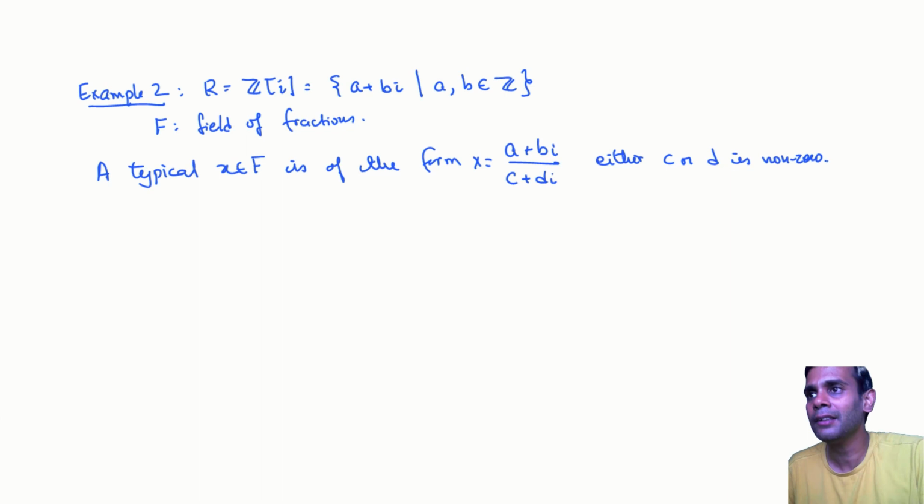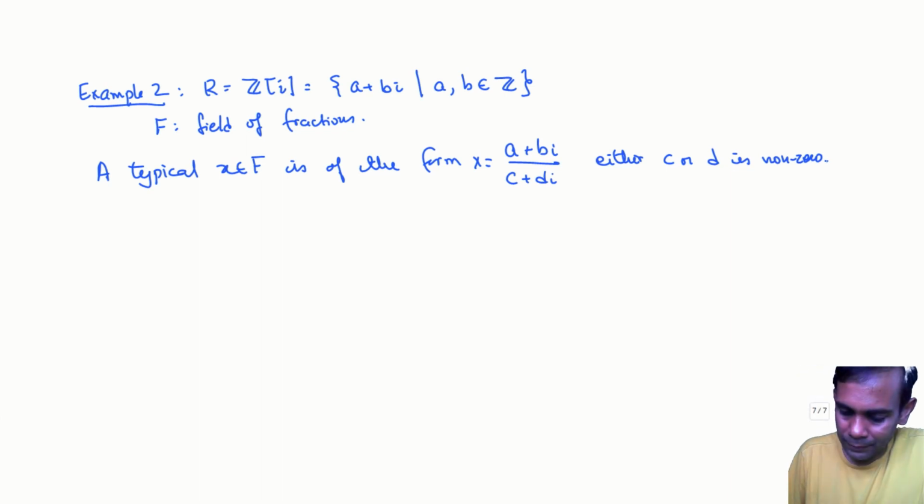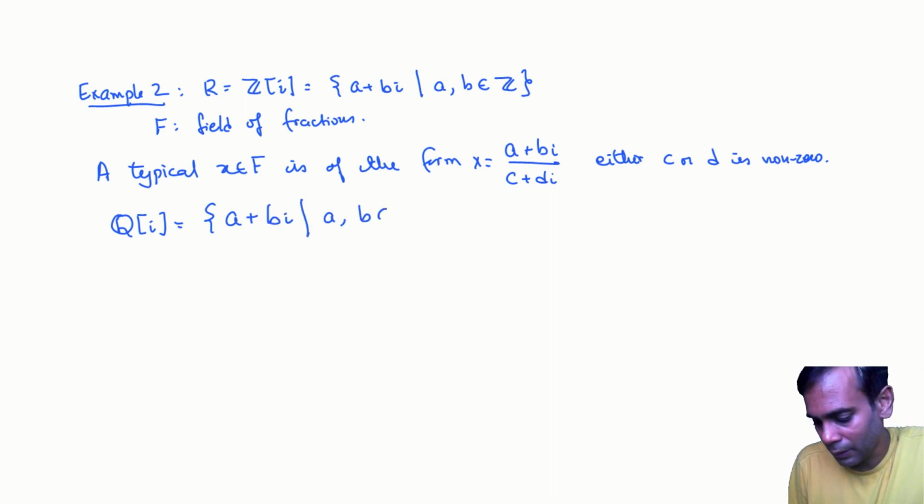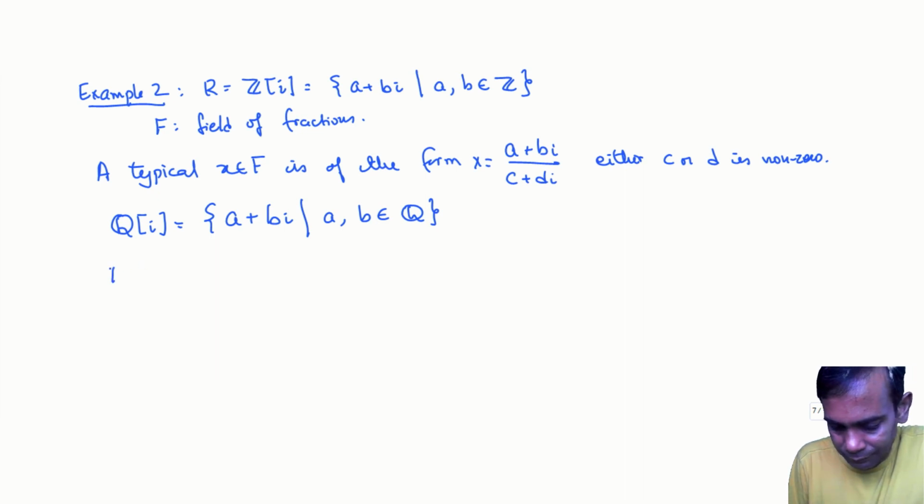Okay, but there's another way of describing this field of fractions. I'll define Q[i], very analogous to Z[i]. It's the set of complex numbers of the form a plus bi whose real and imaginary parts are rational. And now I'll define a function phi from F to Q[i] as follows.